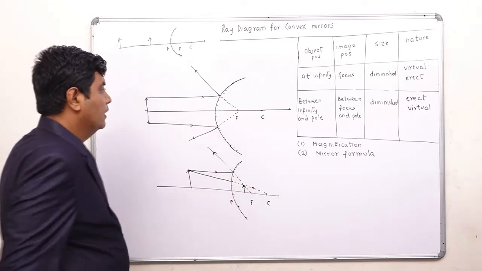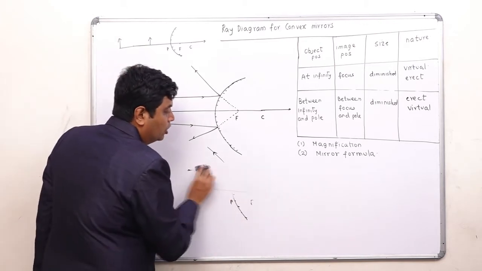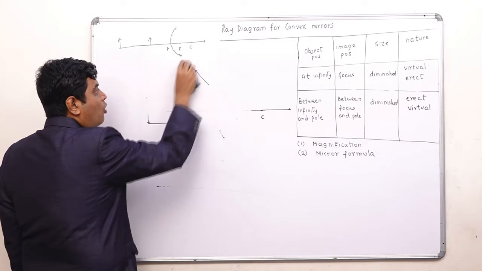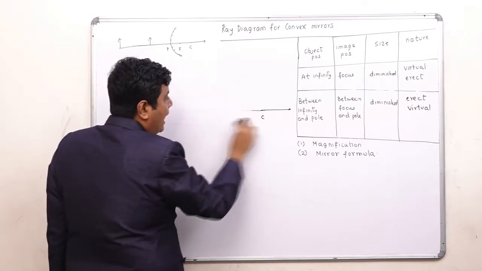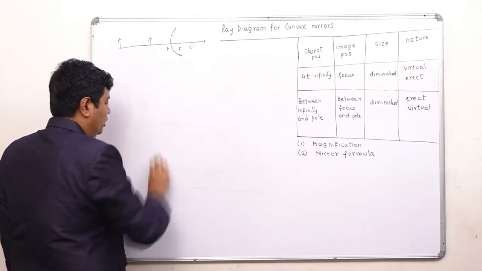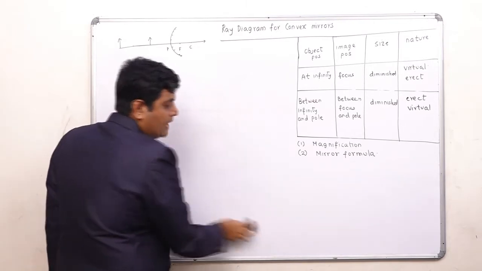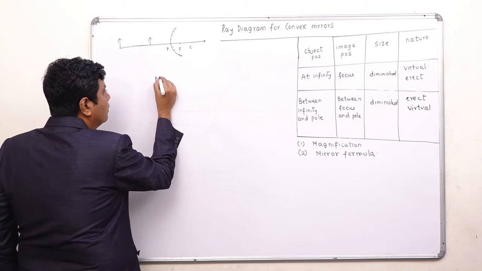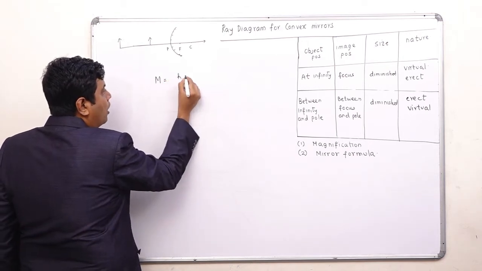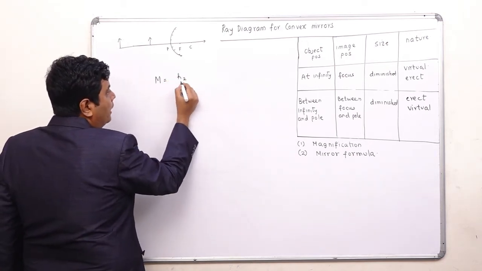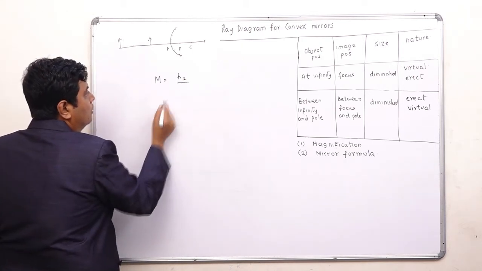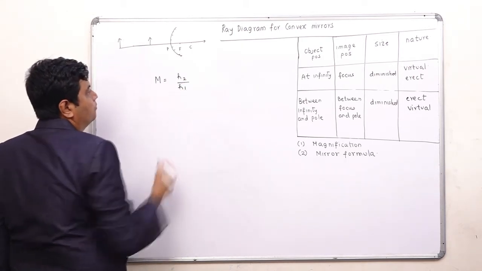Once this is over, now let me make you understand the concept of magnification and then mirror formula. Now what is magnification? As the name says, magnification is the ratio of the size of the image to the size of the object.